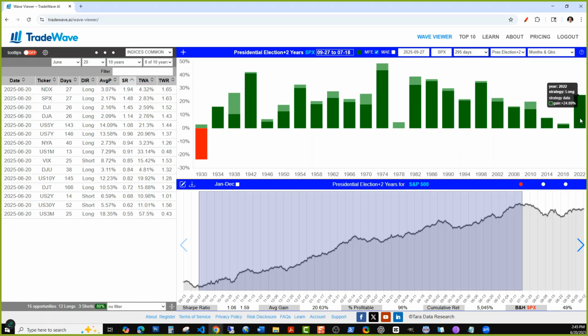Last time, it was up almost 25%. Worst case scenario, it was up or flat in 1978. That was 1978 when the Iranian oil crisis was. So markets were on an outlier, and it still broke even.